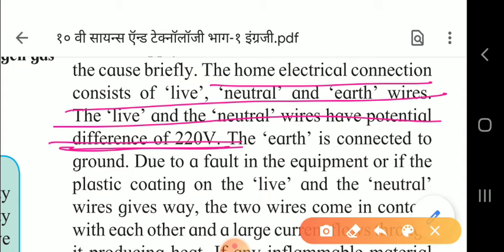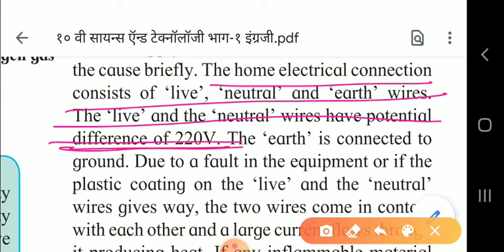Now what happened is that due to a fault in the equipment, the plastic coating on the live wire and the neutral wire just gives away. Then these two wires, live wire and neutral wire, will come in contact with each other, and a large amount of electric current will flow through their contact, and due to that a large amount of heat will be produced.